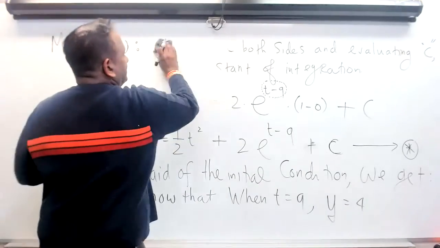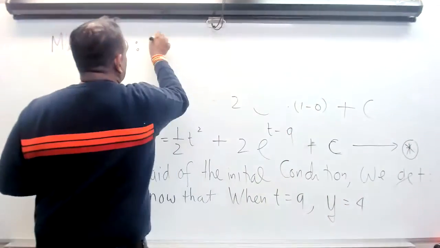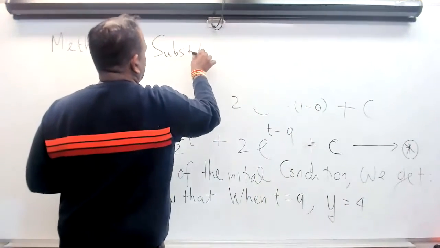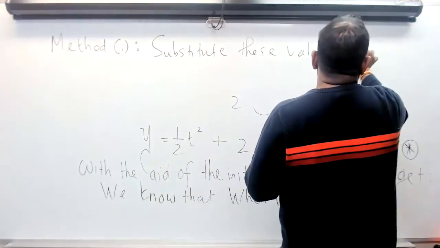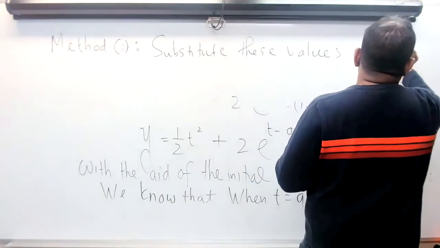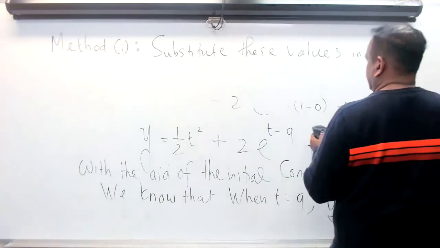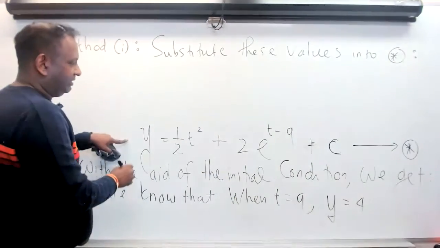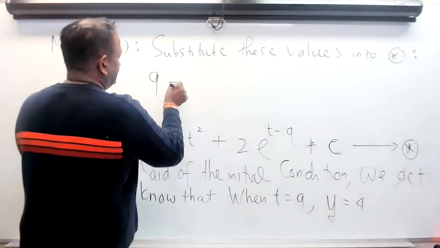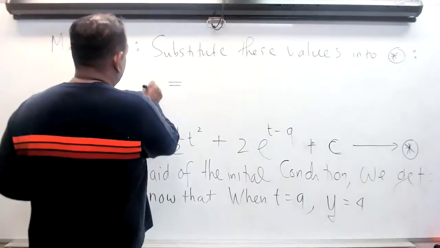So substitute these values into star. Then let's see what we get. y equals 4, sorry, y equals 4.